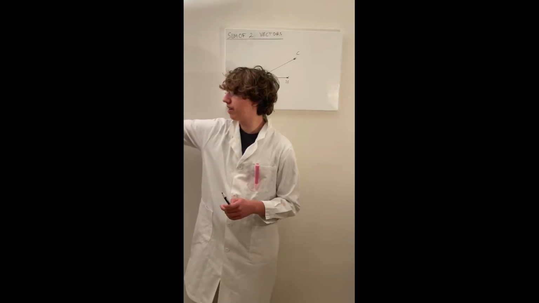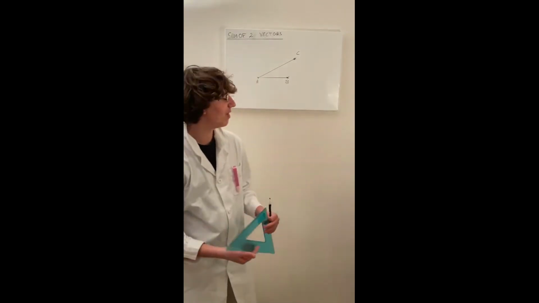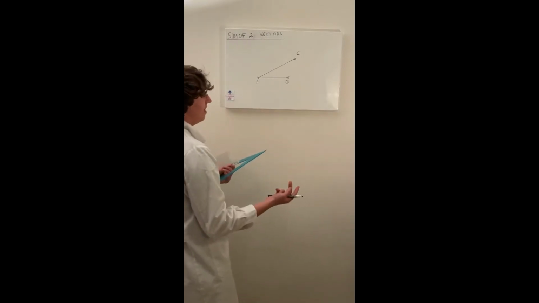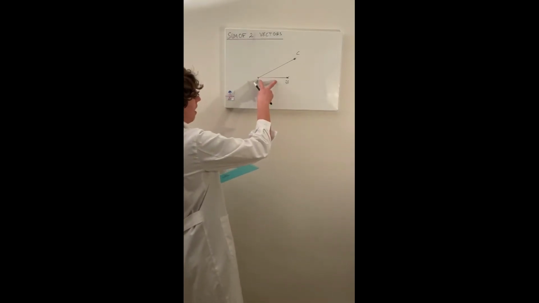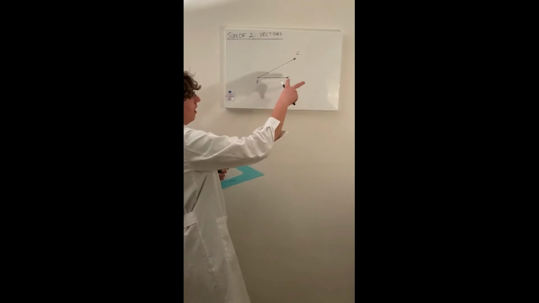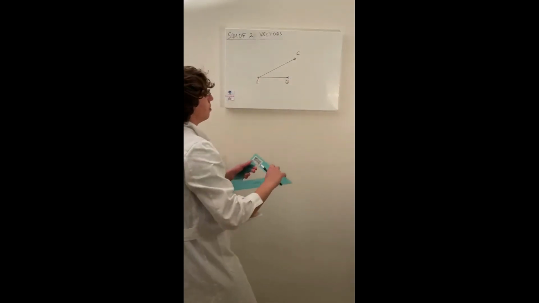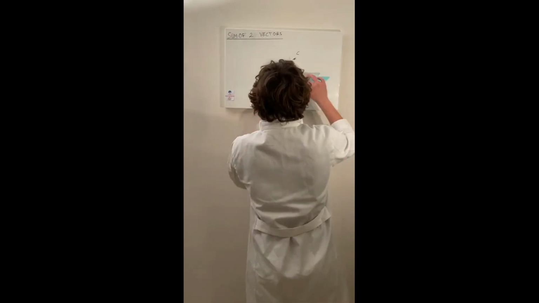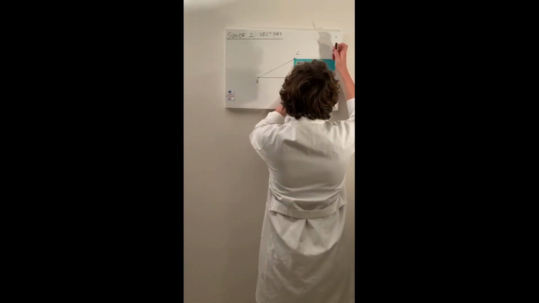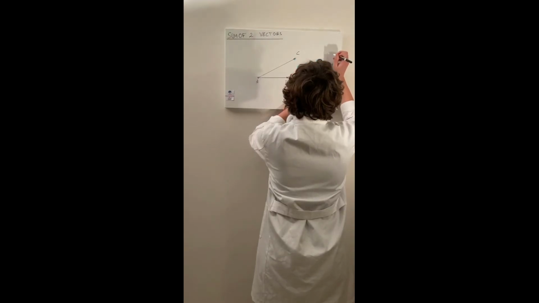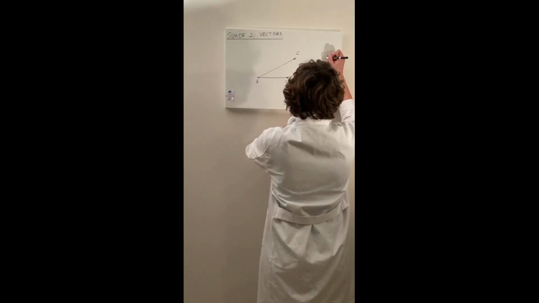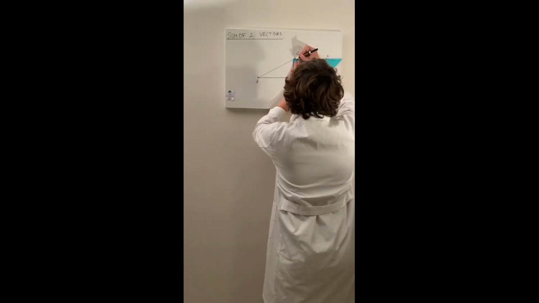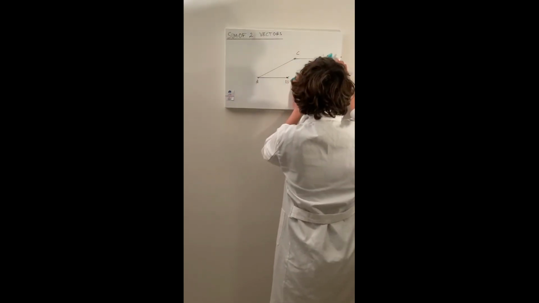So let's do it. We take the same ruler and we place a point D, taking the same length AB and putting it to the point C. So here we have 16 centimeters. So we'll place our point D right here. And now we just have to connect the different points.